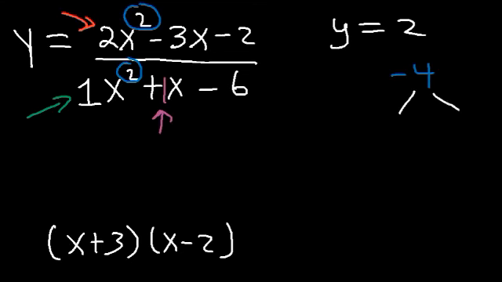And then find two numbers that multiply to negative 4 but add to the middle coefficient, negative 3. So this is negative 4 and 1. Negative 4 times 1 is negative 4, and negative 4 plus 1 is negative 3. So now we're going to rewrite the expression, but we're going to replace the middle term, negative 3x, with negative 4x plus 1x.